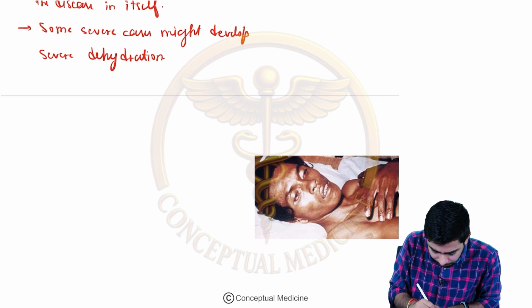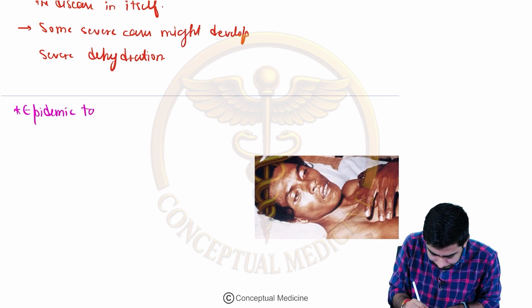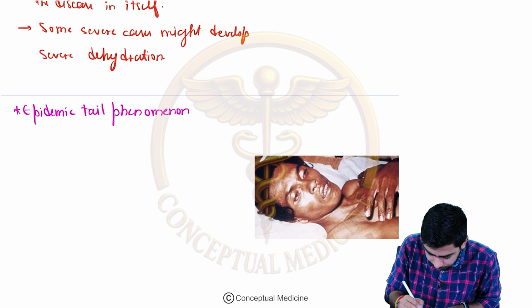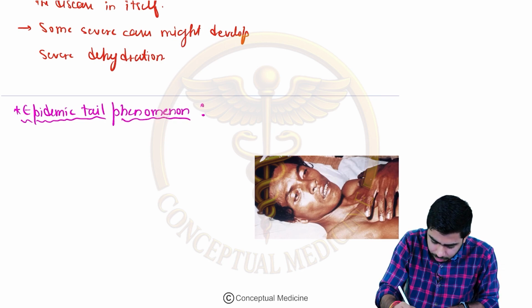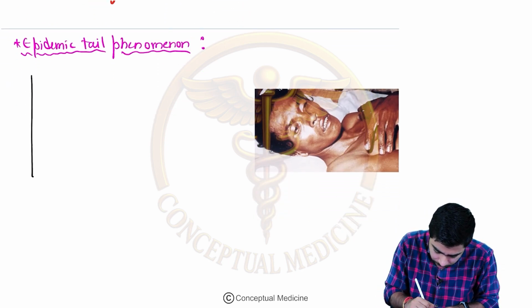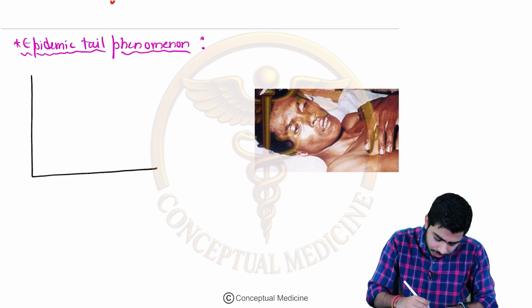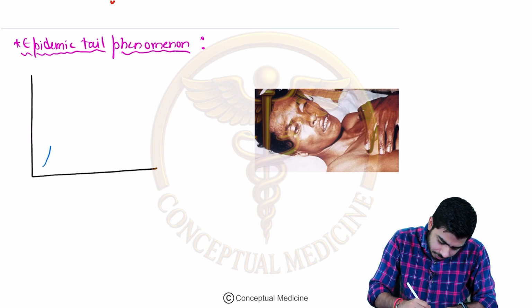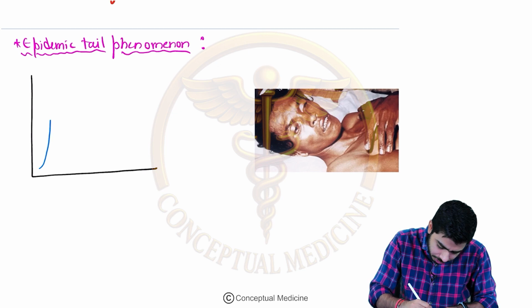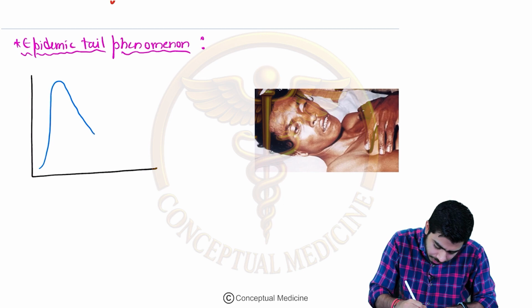This is called the epidemic tail phenomenon. What is it? It's very simple. If you look at this particular graph, the cases suddenly rise, but when you look at the graph coming down, it is not coming down very easily.